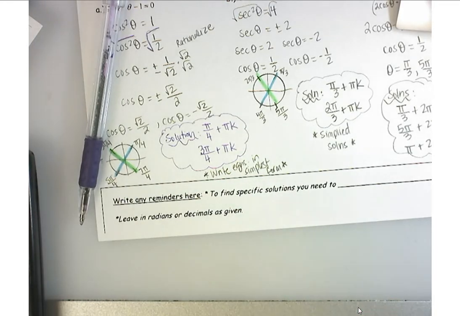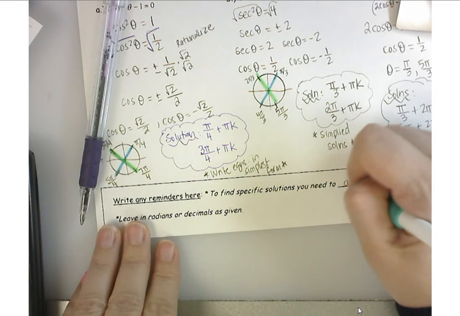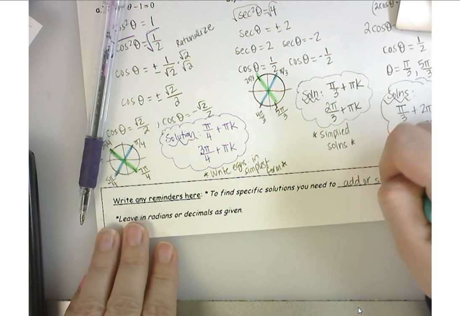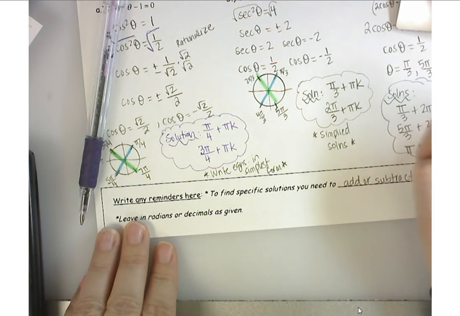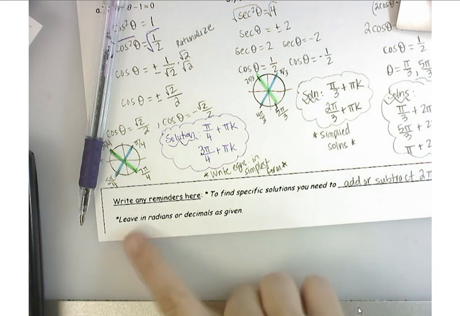And then at the bottom, I just said to write yourself any reminders. So to find specific solutions, you have to either add or subtract 2 pi. And then make sure that you leave in radians or decimals as given.